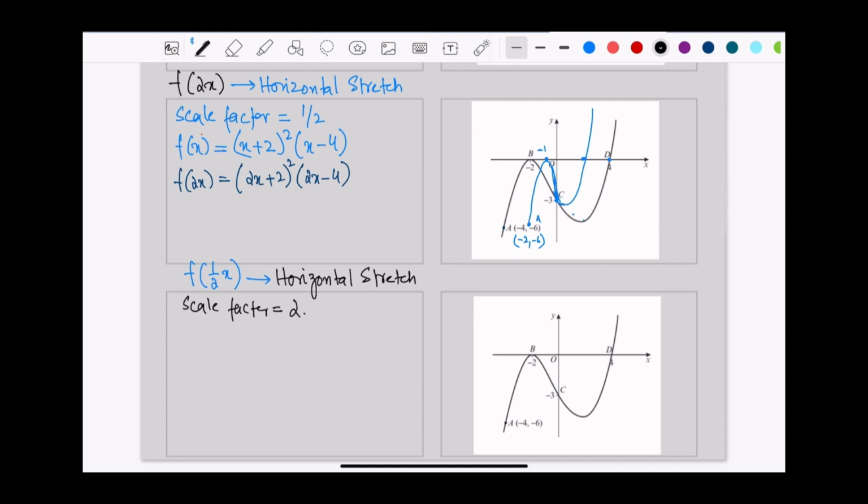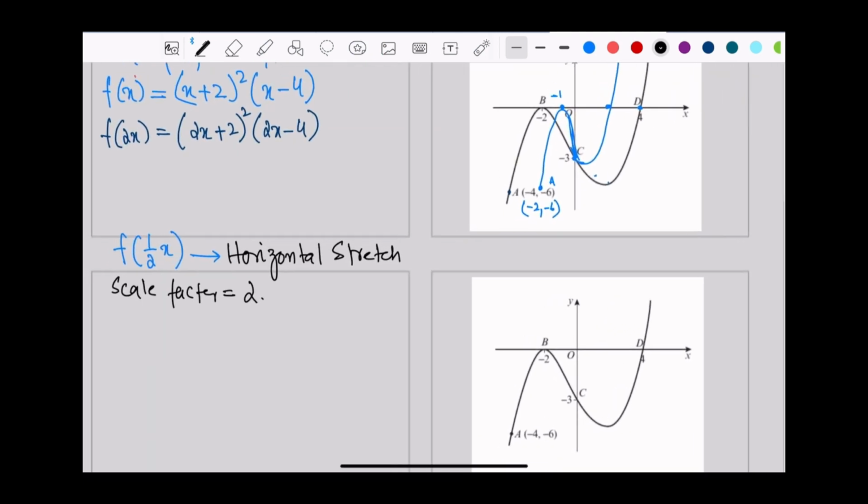Now, scale factor, as we agreed upon, this value here divides, so divided by 1 over 2 makes it 2. So you multiply it with 2. Every x coordinate is going to be multiplied with 2 now. So it's going to be elongated on the x-axis. It's a horizontal stretch.